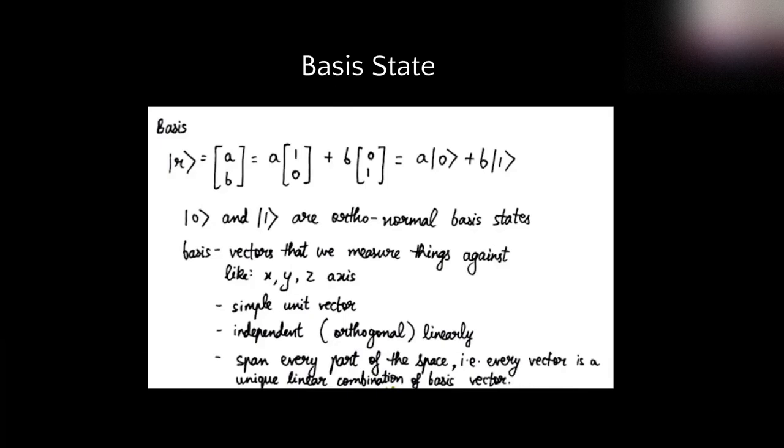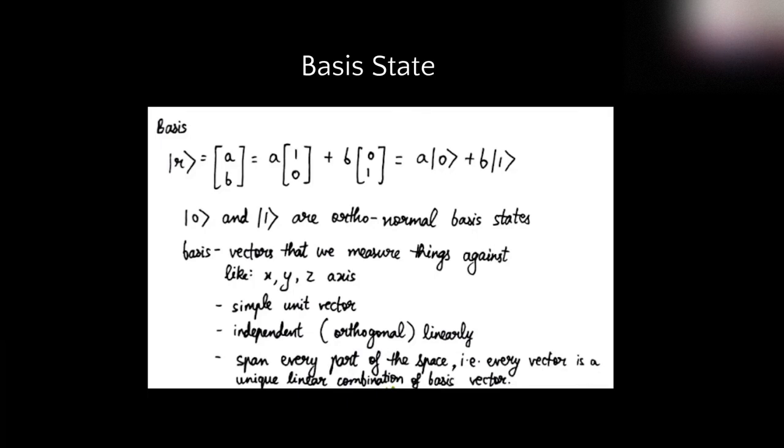So these are vectors with the length of unit, basically 1. And they should be orthogonal, meaning that they should be at a 90-degree angle with respect to each other, which also means that they are linearly independent of each other. Because they are linearly independent, we can use them to span every part of the space in a particular Cartesian plane.